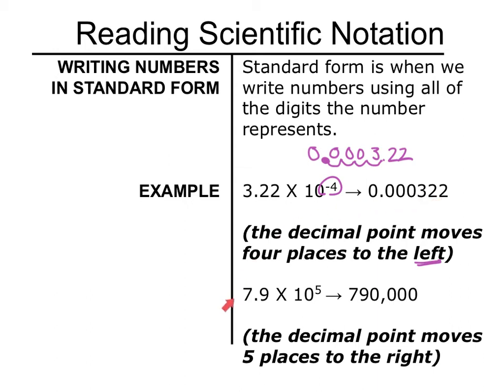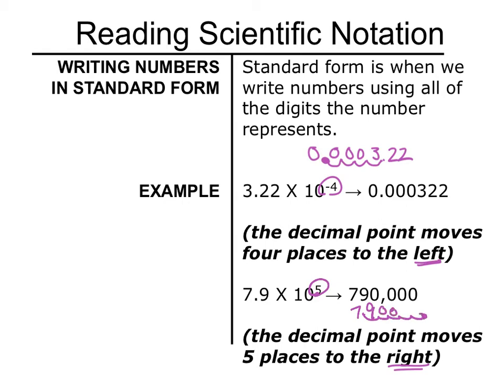Now for very large numbers, we're going to move our decimal point to the right. So 7.9 times 10 to the 5th power, let me write it out, 7.9. I'm going to move my decimal point 5 places to the right. So 1, 2, 3, 4, 5.